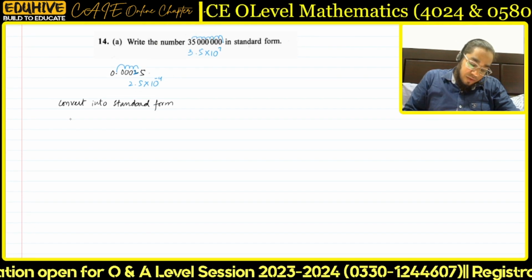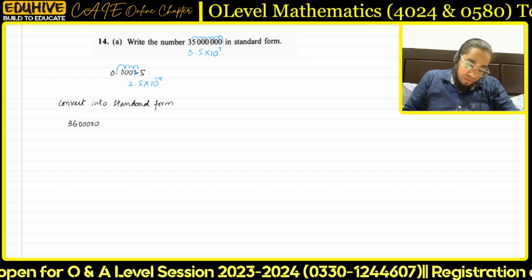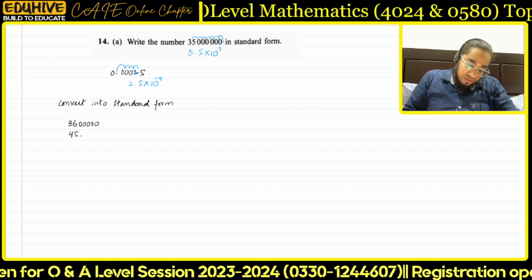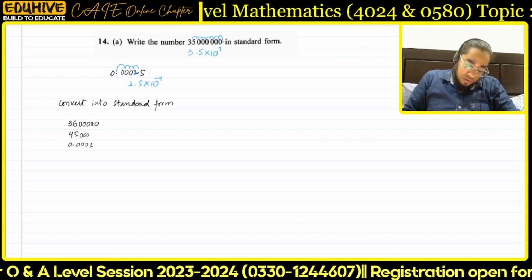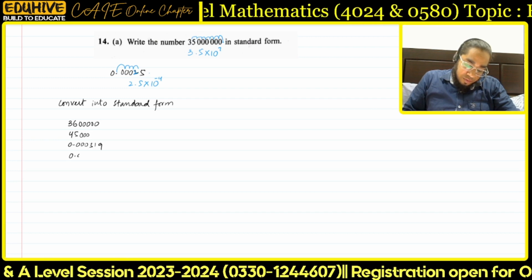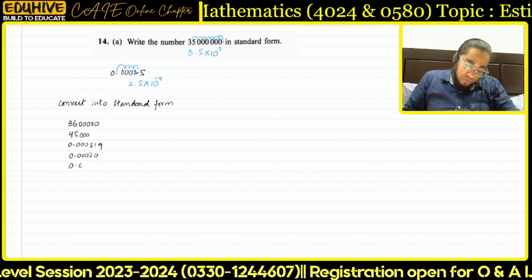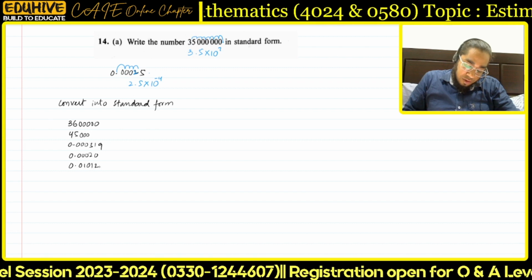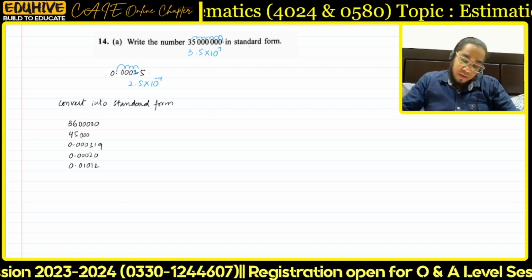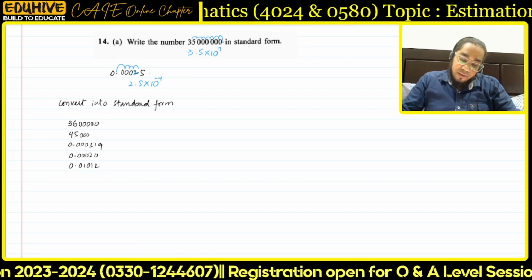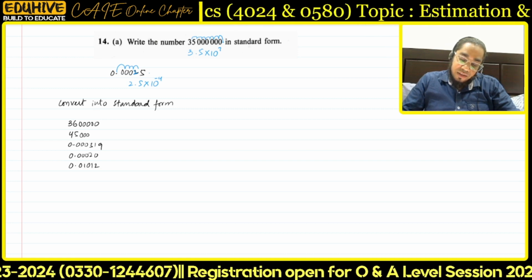So let's suppose we have the numbers 36000000, 450000, 0.0000319, 0.00020 and 0.01012. I want you to convert these numbers into the standard form, and you can write your answer in the chat so I can easily check it, and if anyone makes a mistake, I can easily find it.